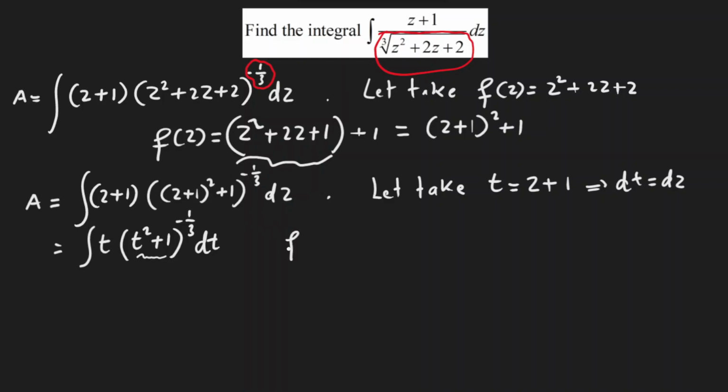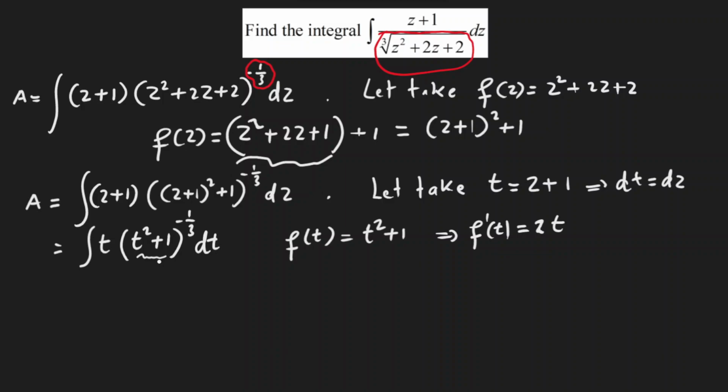I can say f(t) is equal to t squared plus 1. What will be f prime of t? F prime of t will be equal to 2t.